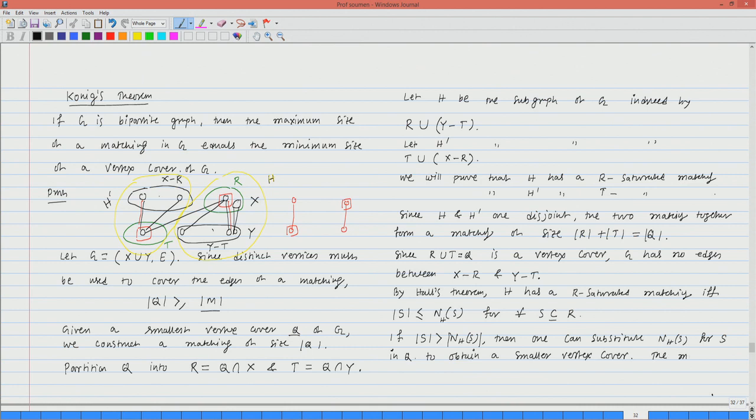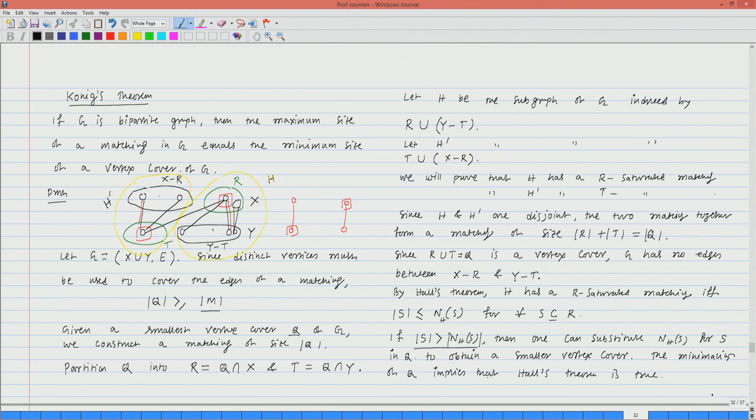So, the minimality of Q implies that Hall's condition is true. That means this can't be true, this has to be true.